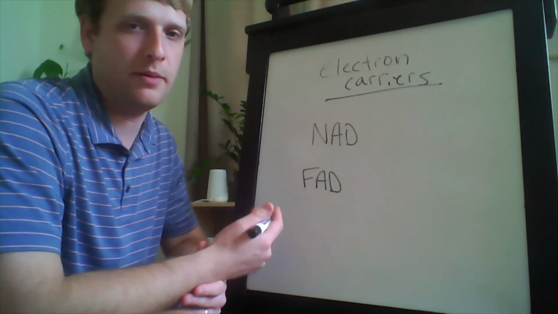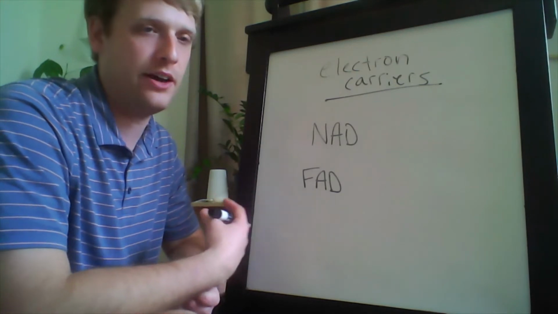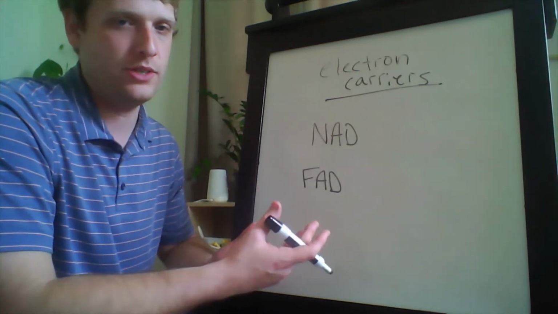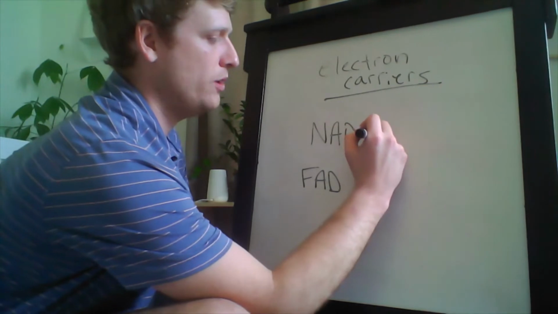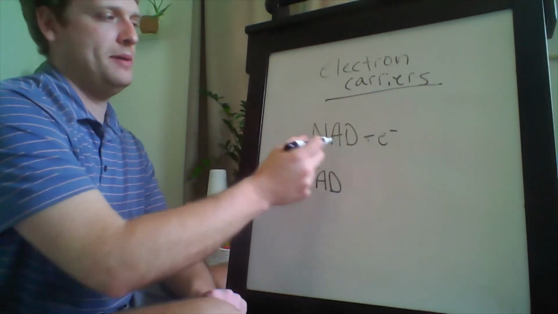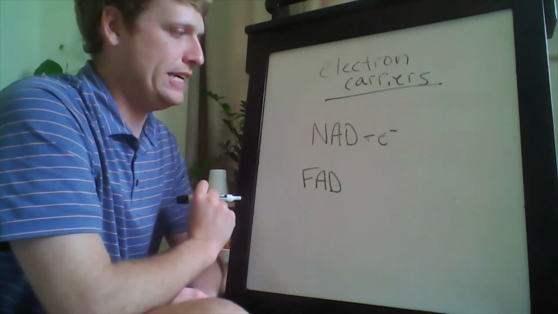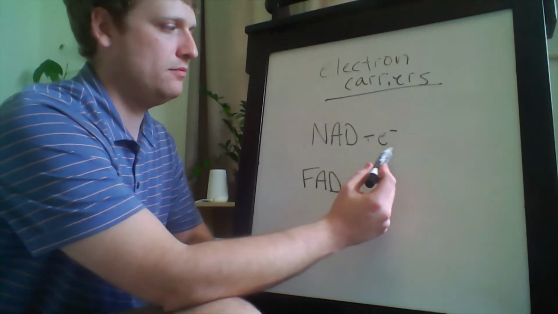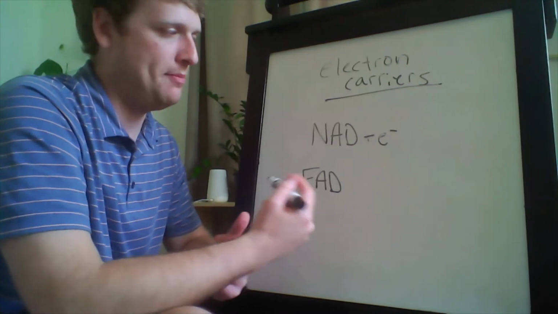It'll also pick up a hydrogen atom. That is how things are often reduced in the body. So what happens is you have this electron that's going to be picked up by NAD. I usually write electron as just e- for shorthand.